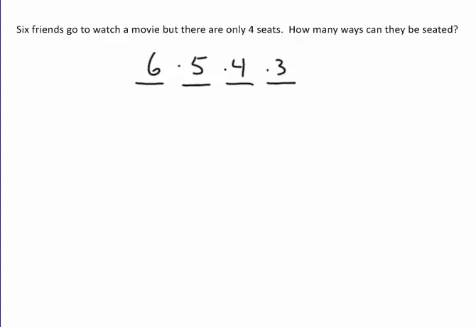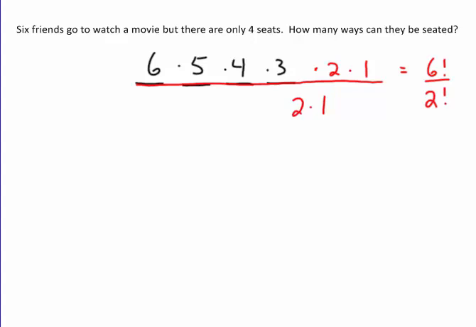But we're going to take this scenario and imagine that we did extend this down to 2 and 1. That would allow us to write 6 factorial in the numerator. Well, what would the denominator have to be to keep this the same value? We would just have to put a 2 and a 1 in the denominator, which would mean we have 2 factorial.